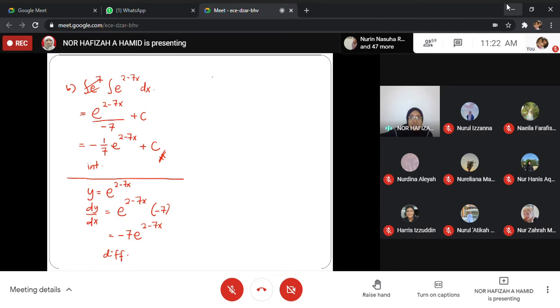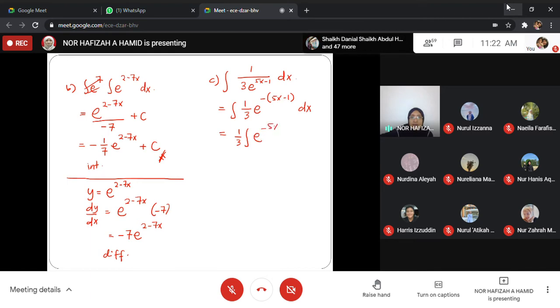So kalau C, okay, you need to integrate 1 over 3 e to the power of 5x minus 1 with respect to x. Okay, so this one also equal to integration of 1 over 3 e, so you dapat negatif lah, transfer pada numerator. Okay, so also equal to 1 over 3 is a constant. So you need to integrate e to the power of negative 5x plus 1 with respect to x.